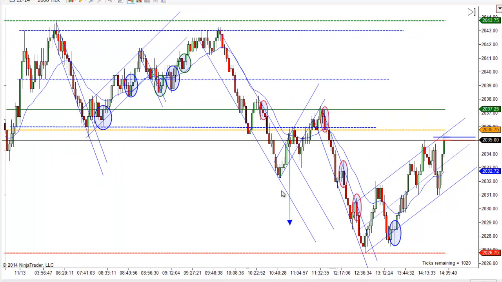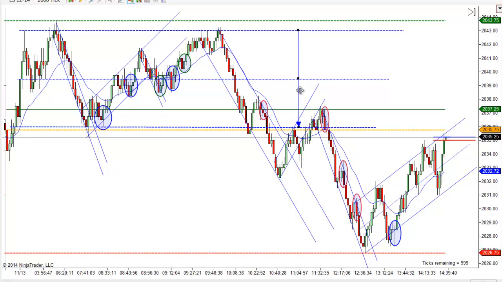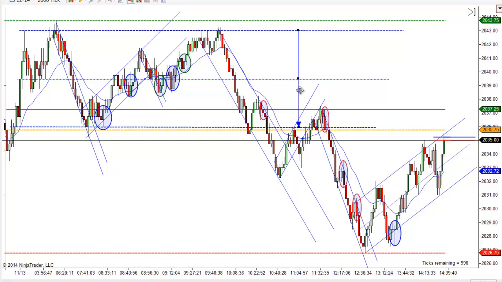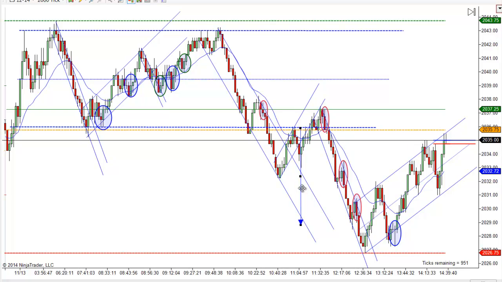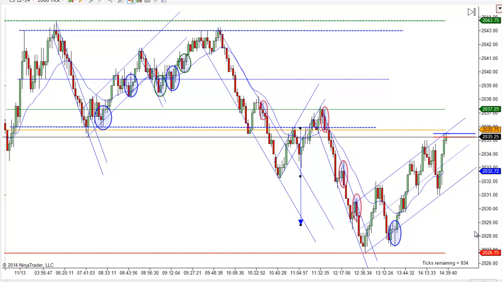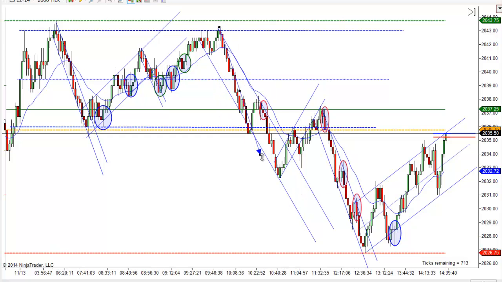But this was what I was looking at early on, and once we broke lower, I'd be looking for a measured move compared to this channel like that. And that gets you to right there. You can see we bounced right there around 20, 28, 50 or 75 or so. But if you also wanted to look for a measured leg like so, you see we missed that by maybe a tick or two.